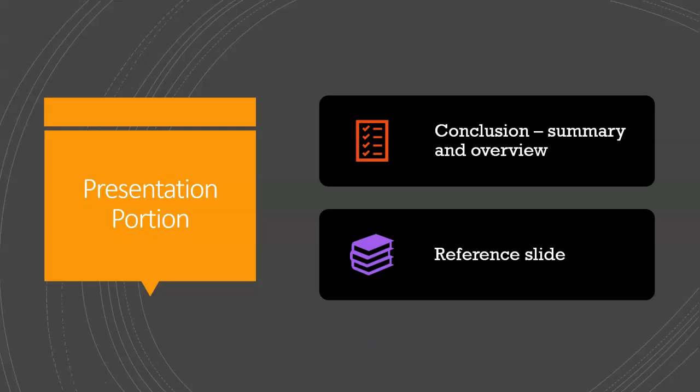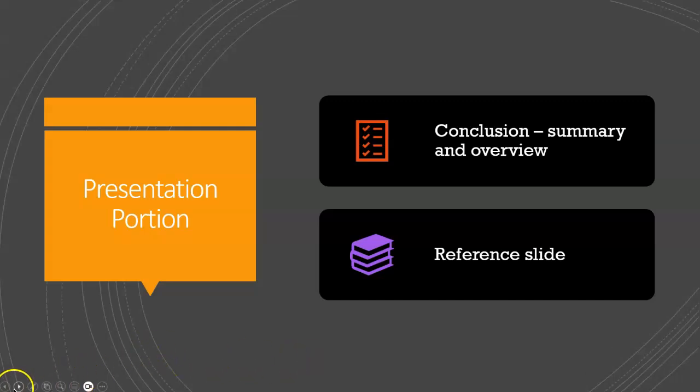And then you have the slide for your conclusion, which is the summary and overview of your entire presentation. And then your reference slide, which should be alphabetized. So each reference, if it's a website or a link, make sure the link, the place you're going to. So if you're going to Amazon, that would be above Walmart, right?